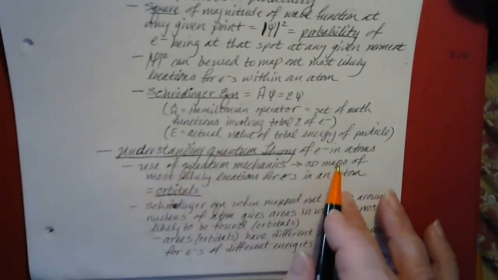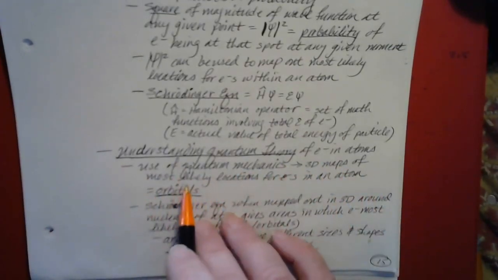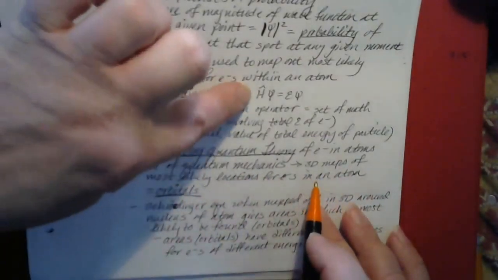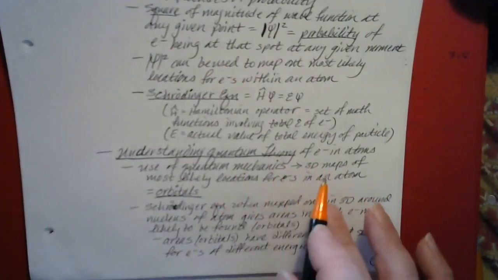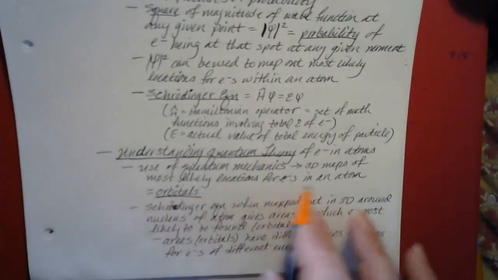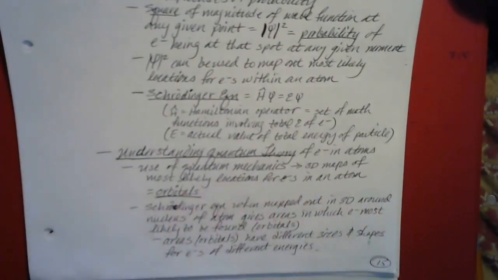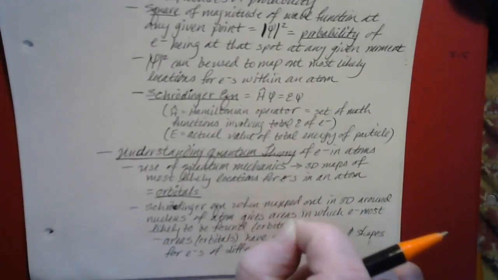Okay, so for understanding the quantum theory of electrons and atoms, the use of quantum mechanics, that is equations like the Schrodinger equation, allow us to basically come up with 3-dimensional maps of the most likely locations for electrons in an atom. But because of Heisenberg's uncertainty principle, remember, we can't know exactly where an electron is at any given moment.